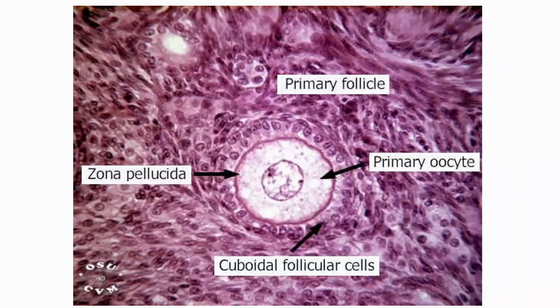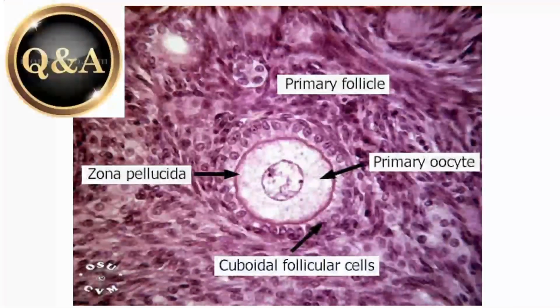This is another histological section of the cortex of the ovary, and when we are curious, the questions will help us extract information. If we look at the large follicle in the middle, we can see the oocyte, the primary oocyte.